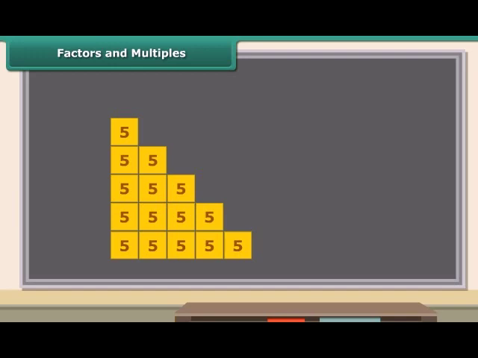It is clear from the figure that the numbers 5, 10, 15, 20 and 25 are multiples of 5. Each of these numbers is greater than or equal to 5. 5 is a factor of 5, 10, 15, 20 and 25. 5 is equal to or smaller than each of these numbers.